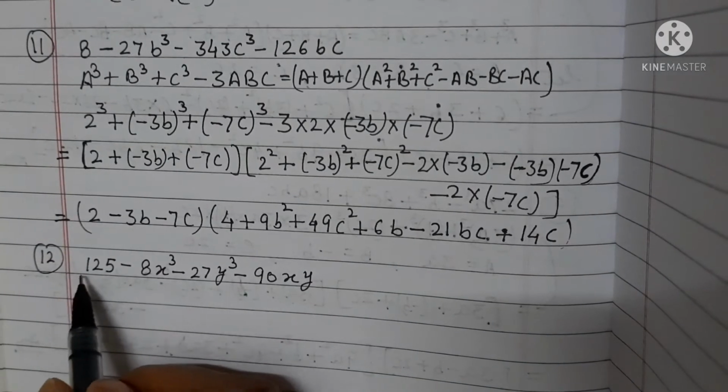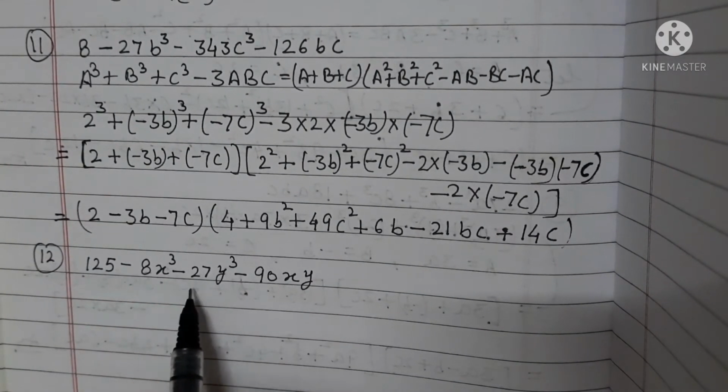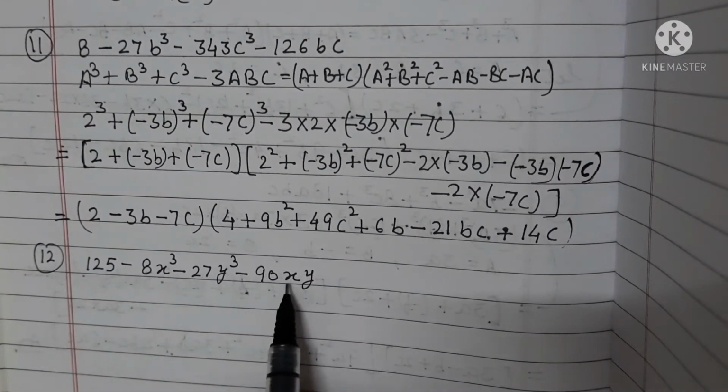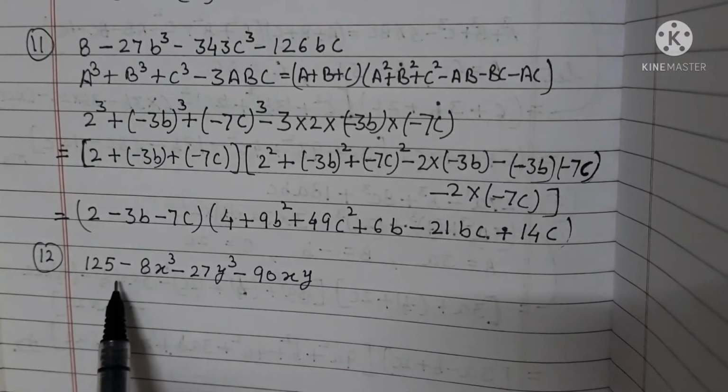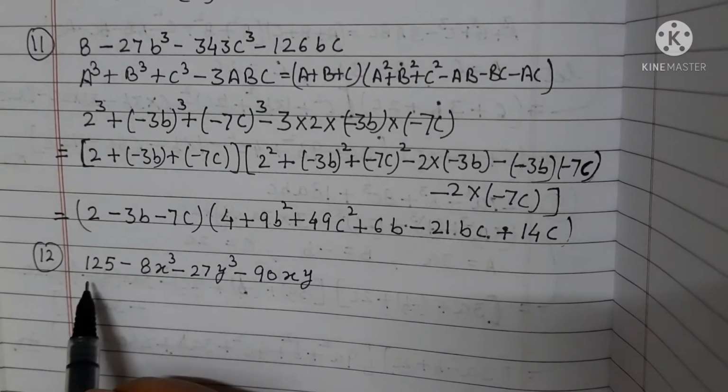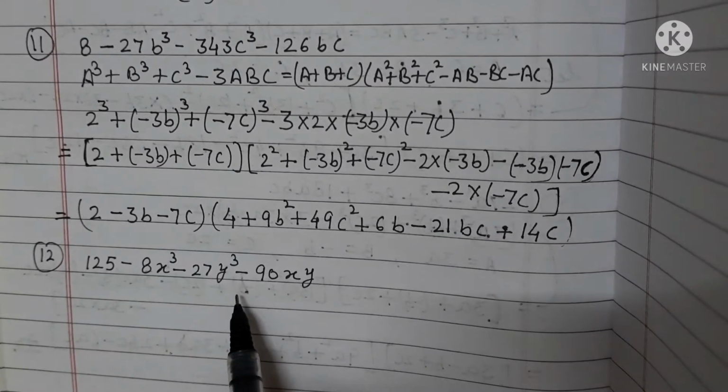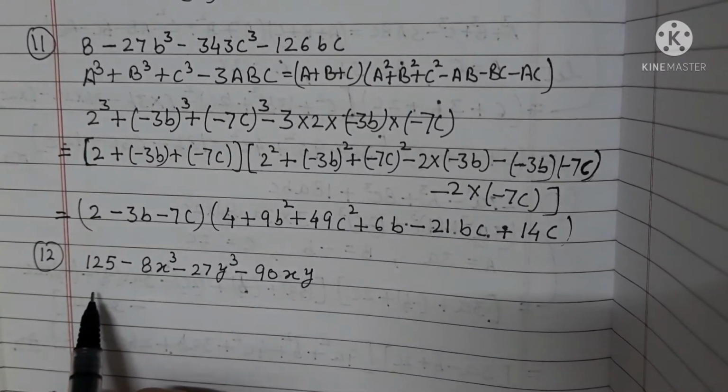Now question number 12: 125 minus 8x cube minus 27y cube minus 90xy. So it is of the form a cube plus b cube plus c cube minus 3abc. Check it.